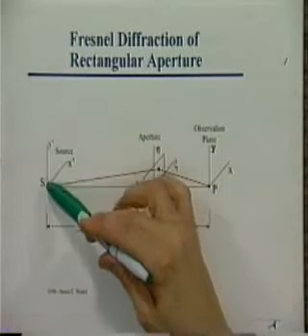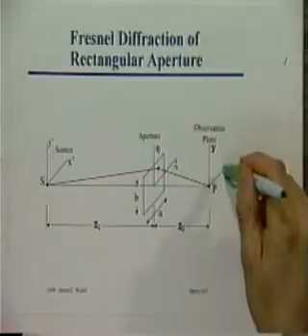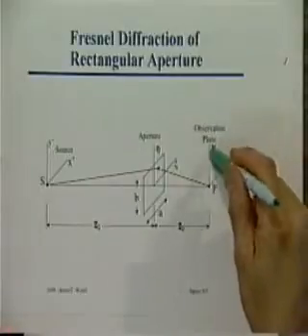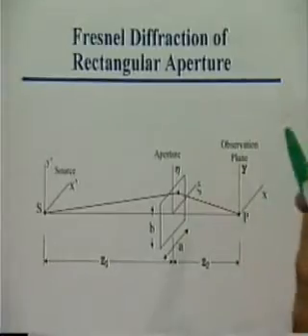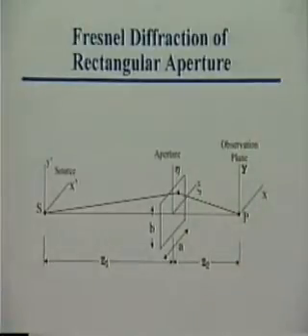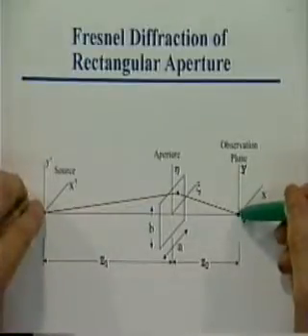I don't care so much about moving my source here, but I really want to find the irradiance distribution in this whole plane. I don't want to be limited to just a point at the origin. So what we normally do is that we keep these points fixed here.